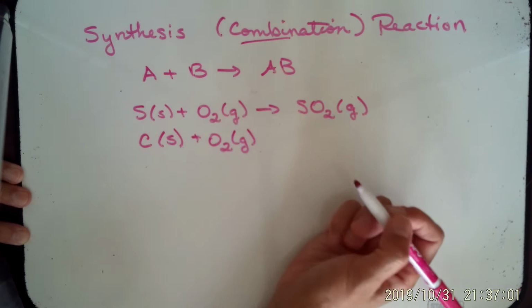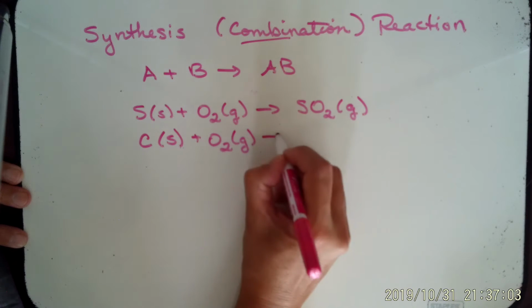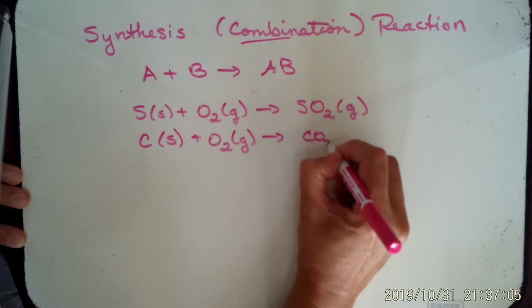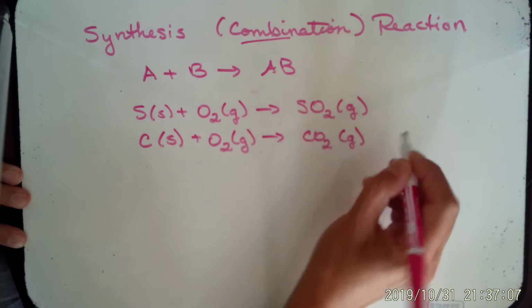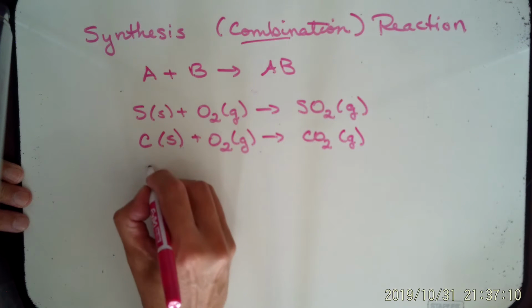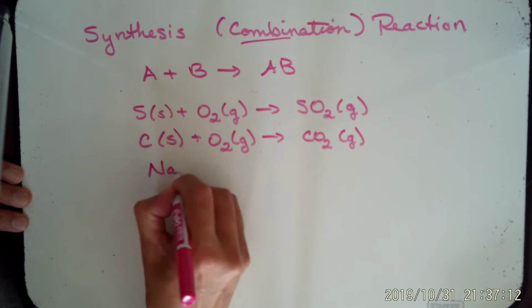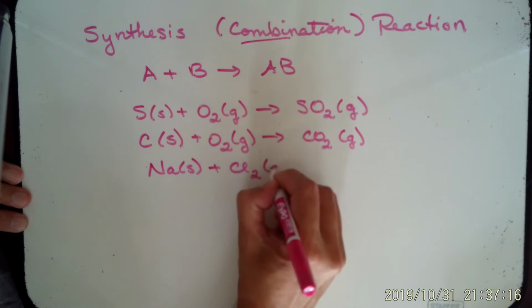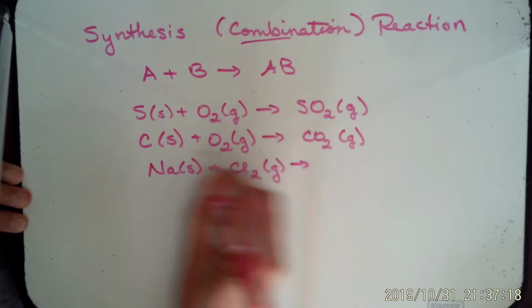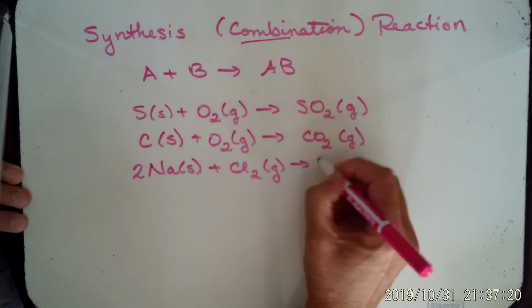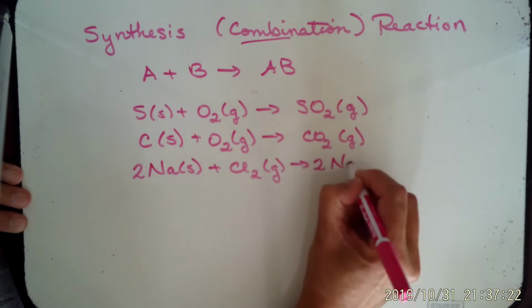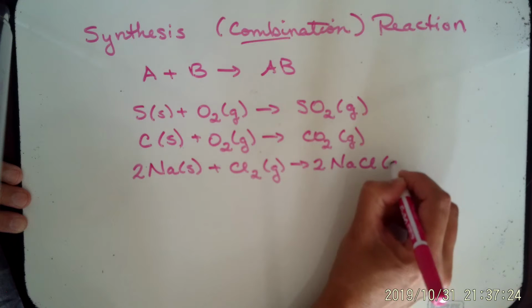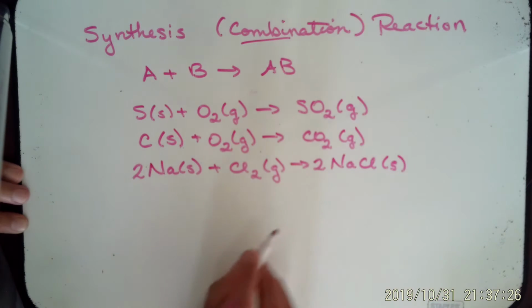This is both what we did in experiment 5, and we formed carbon dioxide. You could also have sodium metal react with chlorine gas, and you form sodium chloride. And this is your solid salt.